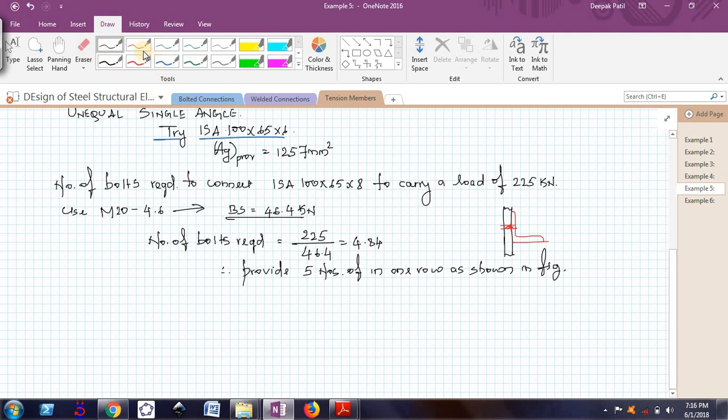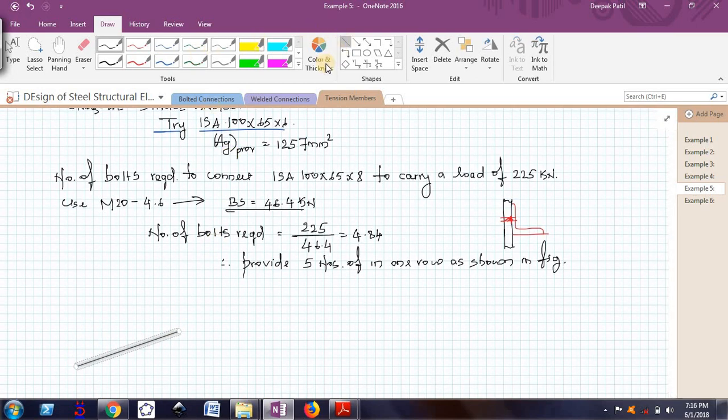So I will try to draw that figure on connection and how I am actually connecting that. So first I am trying to draw the gusset plate. This is the gusset plate, to which I am actually connecting the angle.